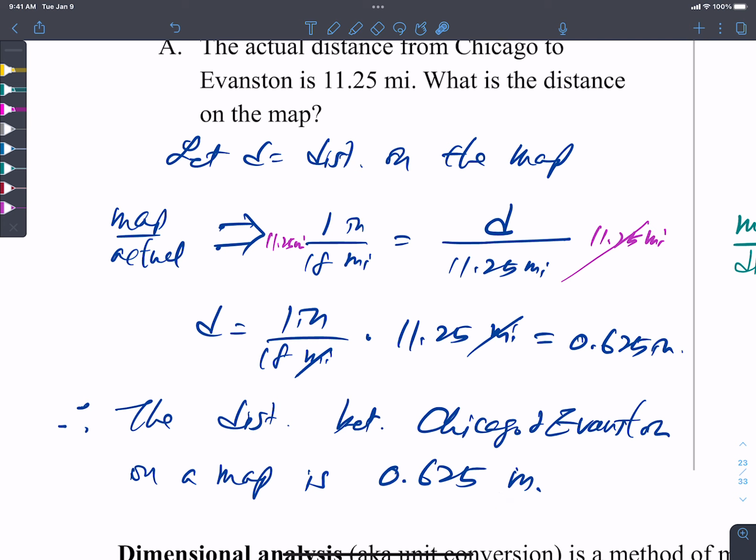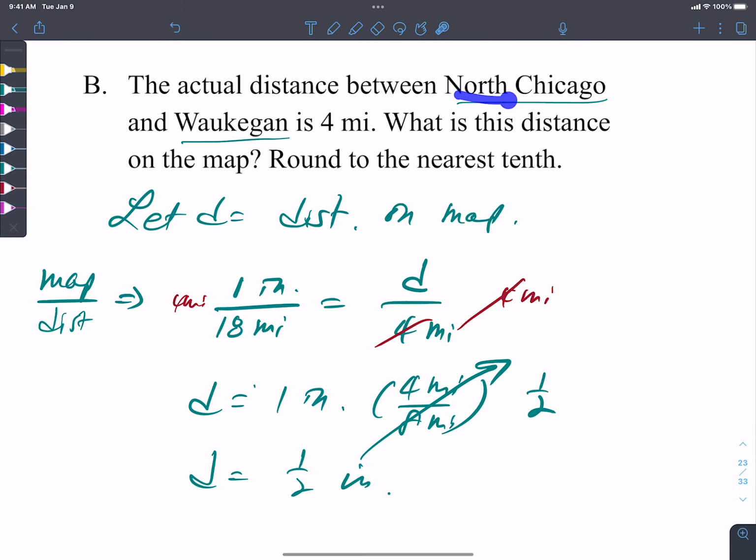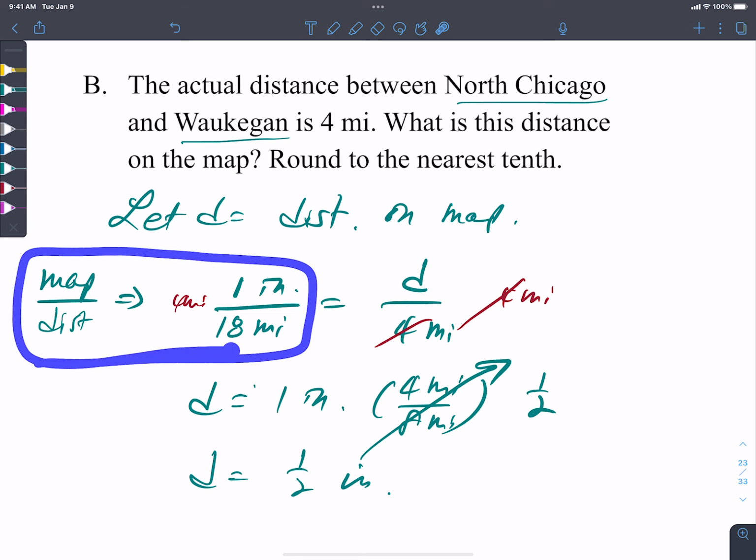All right, now let's compare the question B. It says the actual distance between Chicago and the city of, sorry, I don't know how to pronounce it, Waukegan, is 4 miles. So we have the same exact setup. I just copy this from the other side. And then the distance between two cities on a drawing is D. The actual is 4 miles.